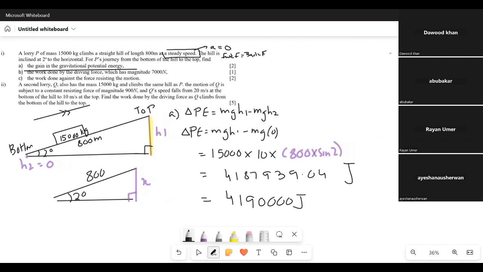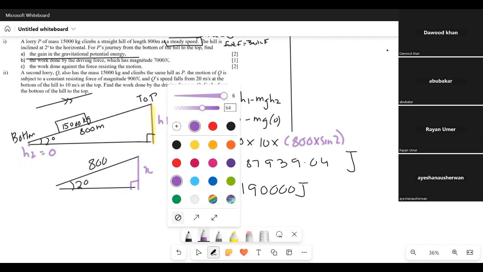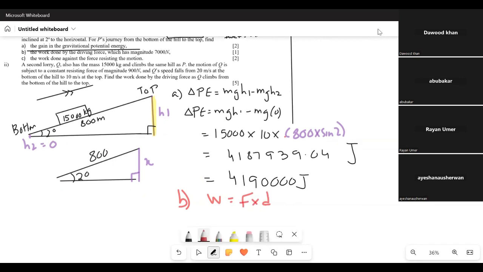Part B. The work done by the driving force, which has a magnitude of 7,000 newtons. Okay, so we know the formula for work done. Work done is force times distance covered. So work done by driving force would be the driving force, which is 7,000 newtons given, times distance covered by the lorry, which is 800 meters.